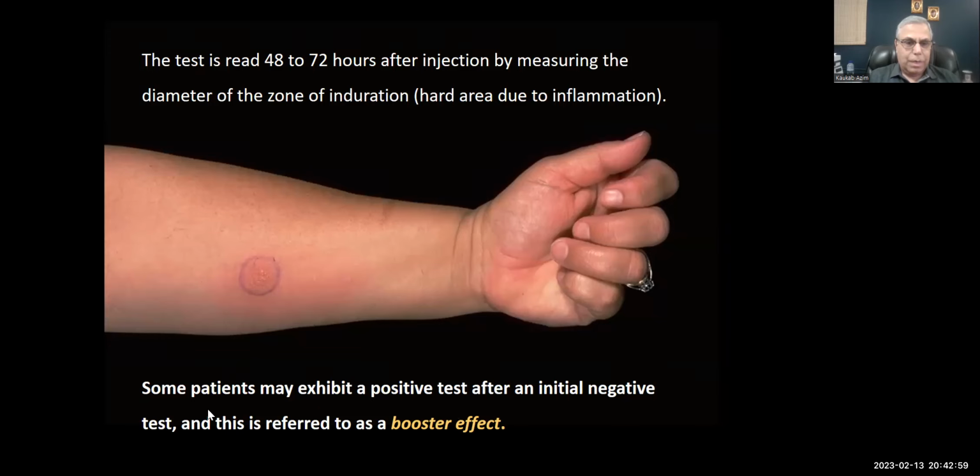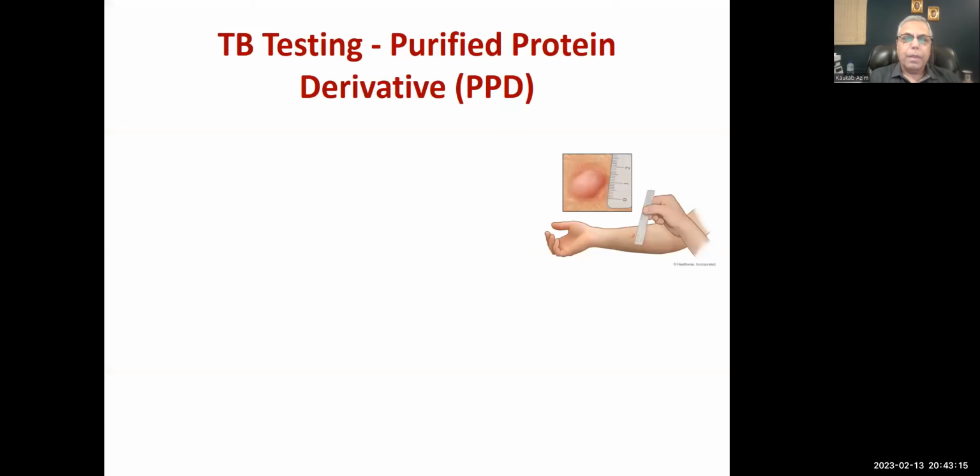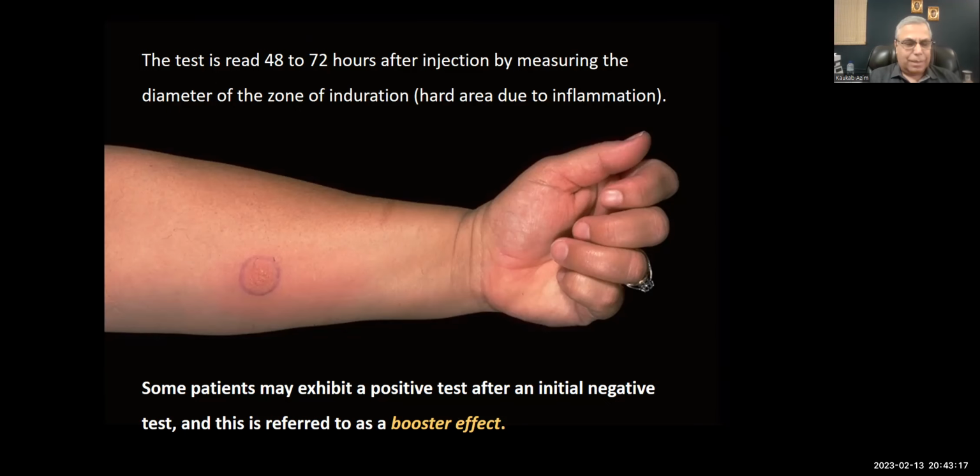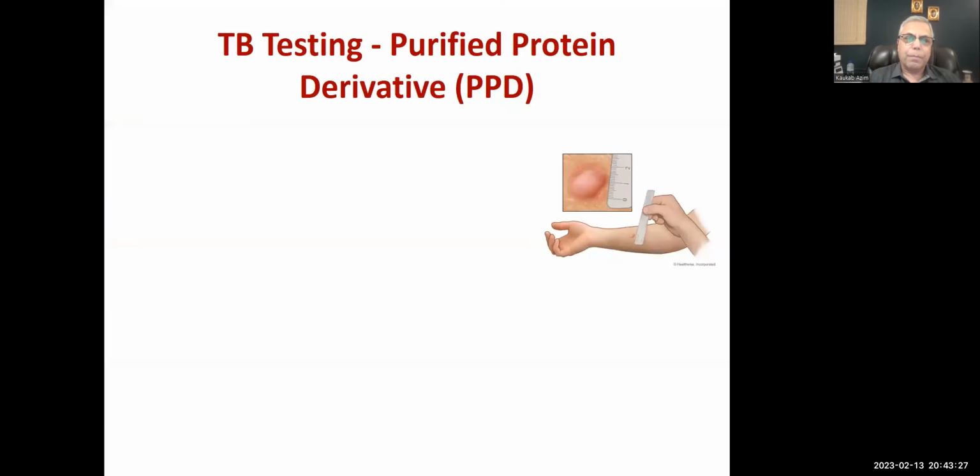So this is all. And now we measure it with a scale, and we see how many millimeters it is, okay? Some patients may exhibit a positive test after an initial negative test, which is known as the booster effect. See, you give a test and there is very weak reaction or no reaction. So you try it again after 1 week and you get a strong reaction. That is what the booster effect is.